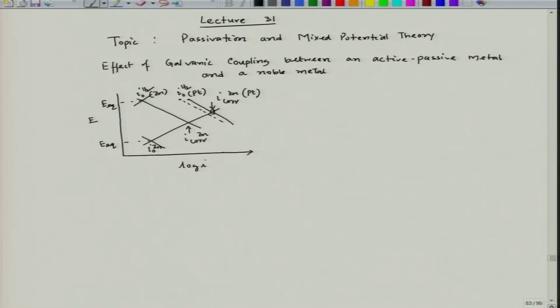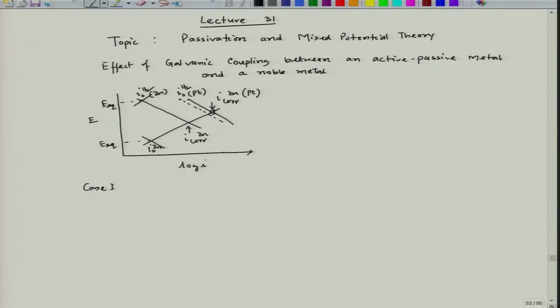So, let us consider the first incident, where the corrosion rate of the active passive metal reduces drastically because of the interaction of the cathodic polarization of the cathodic reaction on that noble surface with the active passive polarization curve of the active metal, on that particular anodic polarization side.